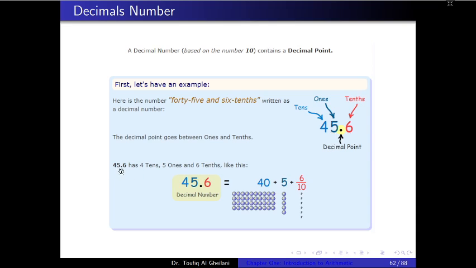So 45.6, or 45 and 6/10, has 4 tens and 5 ones and 6/10, like this. So 4 tens, 1 2 3 4, each one is 10, and 5 ones, 1 2 3 4 5, and 6/10.